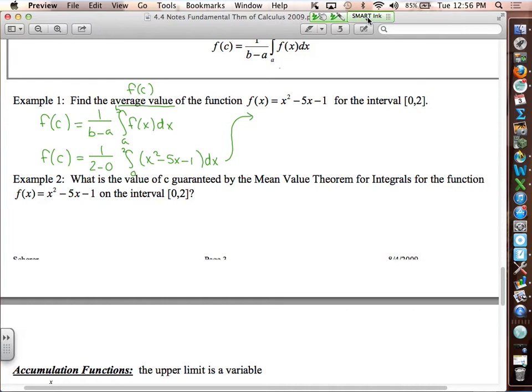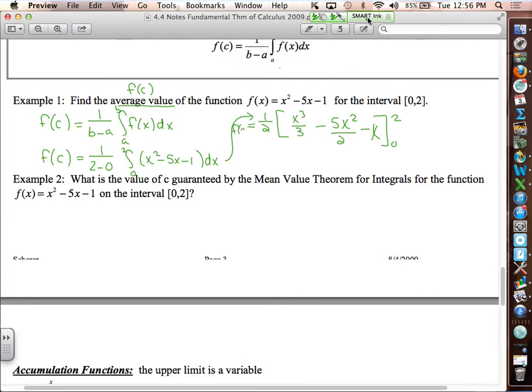So if I integrate that, I have a 1/2 out in front. If I integrate x squared, I get x cubed over 3. If I integrate 5x, I get x squared over 2, and I still have that 5 out in front. If I integrate -1, I get -1x. And I'm going to evaluate that from 0 to 2.